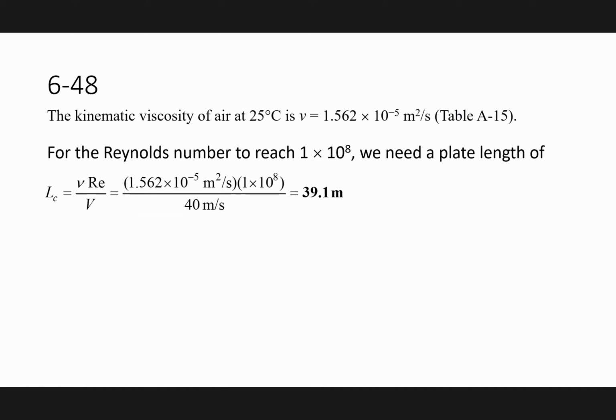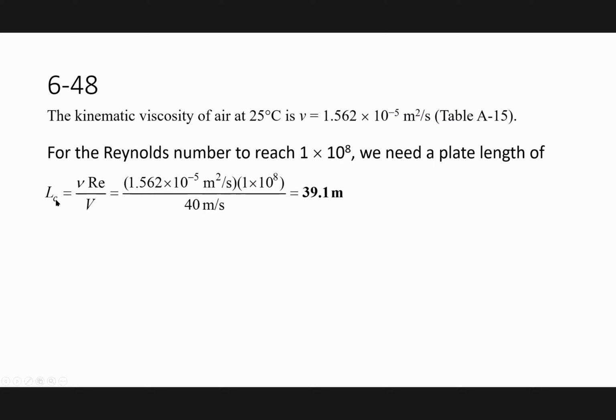And we put it in this equation. Here is Reynolds number equal to this. We know the viscosity, we know the Reynolds number, and the airflow rate is given. Remember, in the case of flow over a plate, the Reynolds number is a function of the length of the plate.